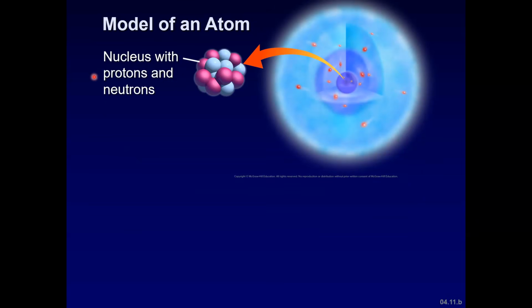Okay. So this is a representative model of an atom. An atom has a nucleus that's composed of protons and neutrons, and it has an area of electrons around that.